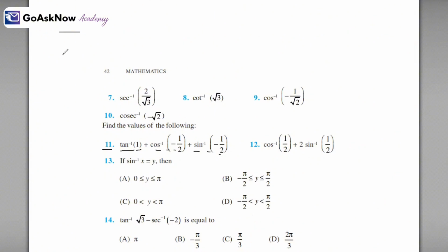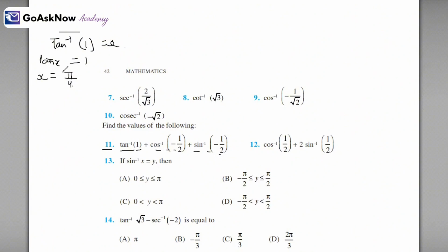Okay. So let us assume that tan inverse 1 is equal to some x. So tan x should be equal to 1. What is the value of x here? You have to calculate the value of x. So x will be equal to pi by 4. Why?